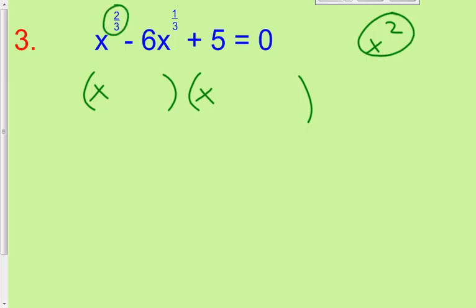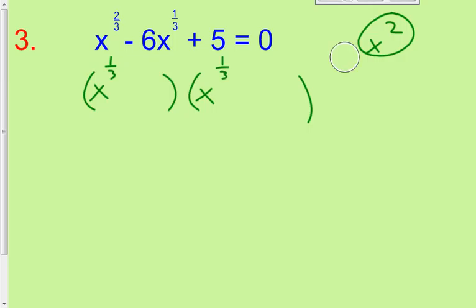So class, here's a hint. The exponent that always goes right here and right here is half of this middle exponent. So it's going to be x raised to the 1/3 times x raised to the 1/3.